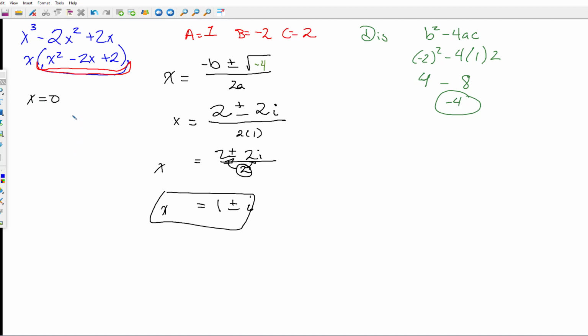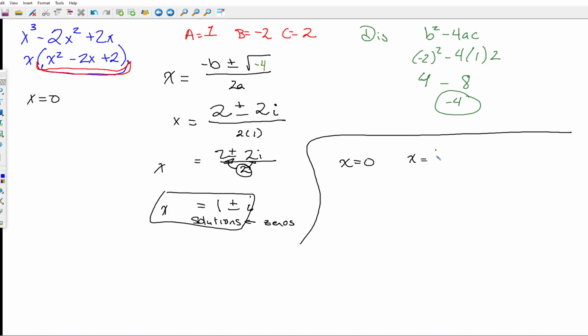If it wants us to factor it, then we need to take our solutions and go back to what it would be. Or this could also be called the zeros. If I wanted the factors, x is one of my factors, but I need to find the other two. And so you say x is equal to 1 plus i, and x is equal to 1 minus i.